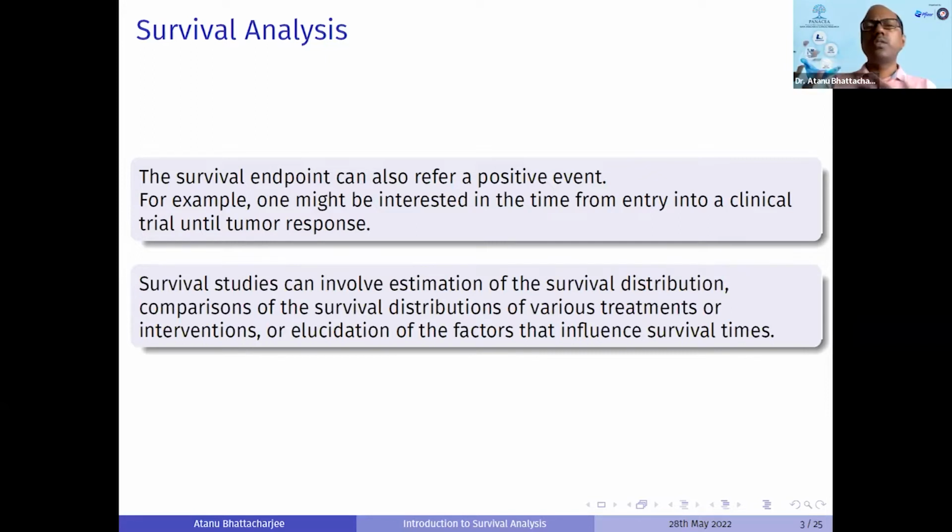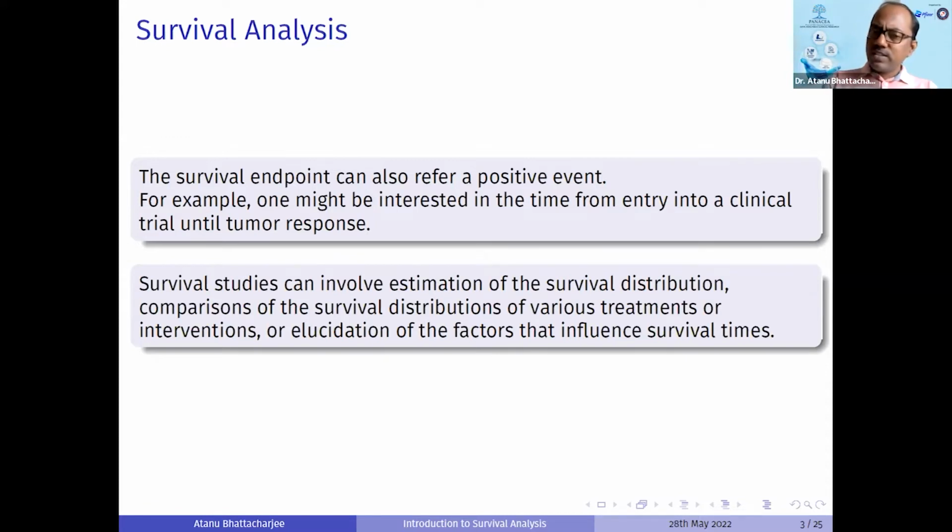Reversely, we are comparing survival between the patients, but the interest is to look at death as the event, and based on that we make the comparison. So survival analysis could be called a death analysis, because fundamentally we are doing death analysis, but commonly we call it survival analysis.